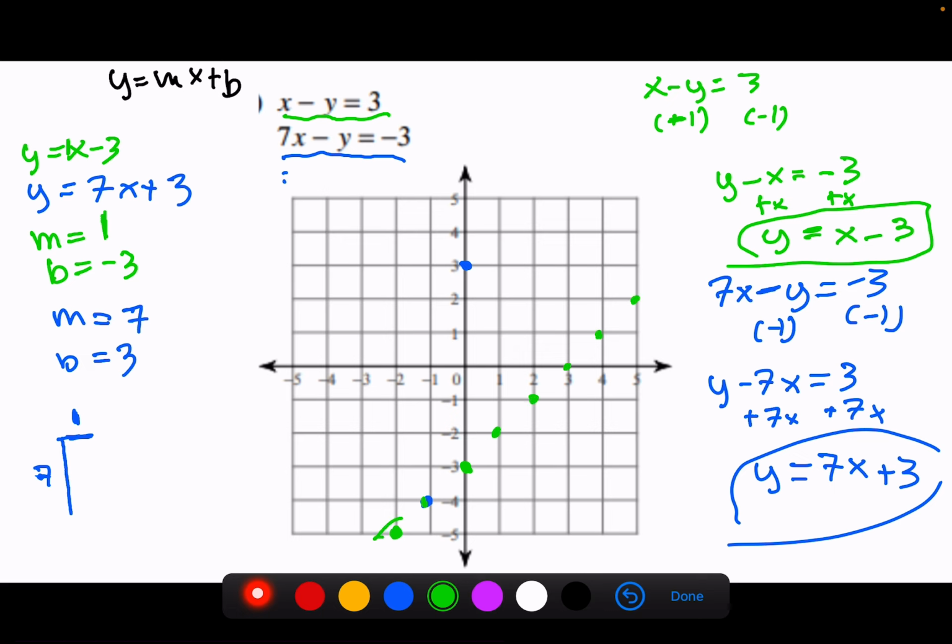So if we sketch the two graphs, I can already tell they're going to intersect at x equals negative 1 and y equals negative 4. But I'm just going to go ahead and sketch the graphs.